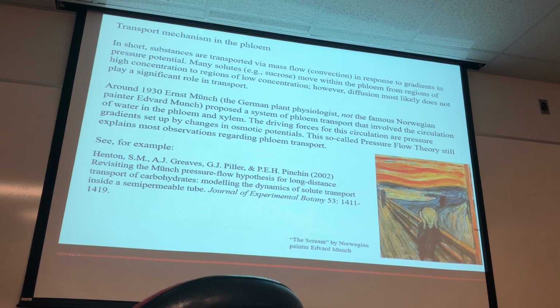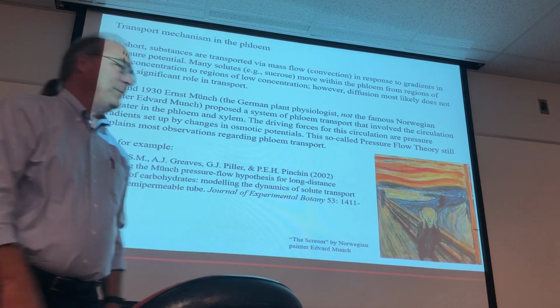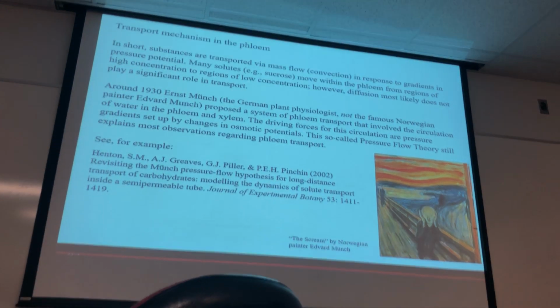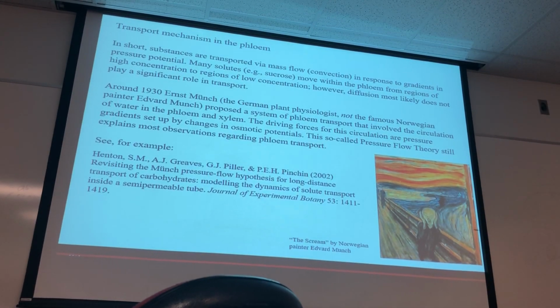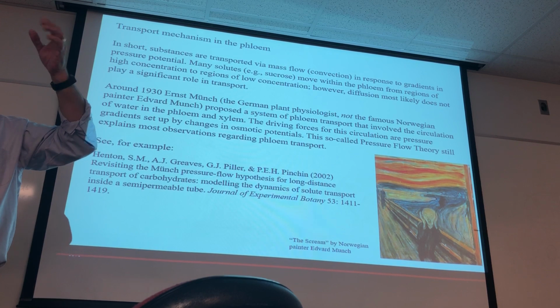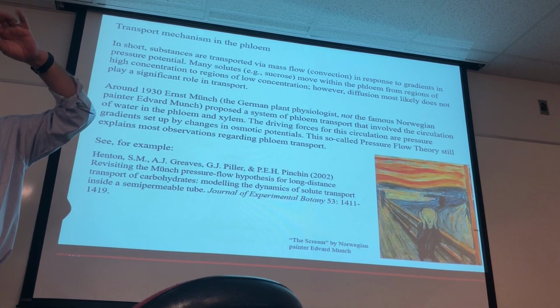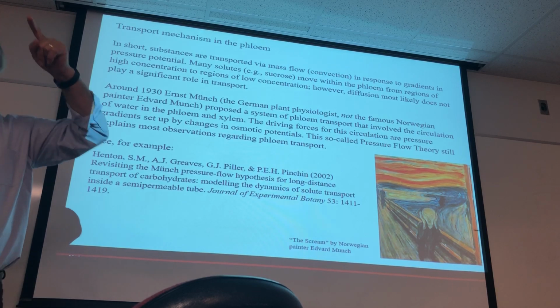So there's a transport of sucrose or other carbohydrates from high concentration to low concentration, but diffusion isn't the primary or even a major factor in transporting that sucrose. It's pressure-driven mass flow, convective flow within the phloem. And the fluid is moving in response to differences in pressure potential.